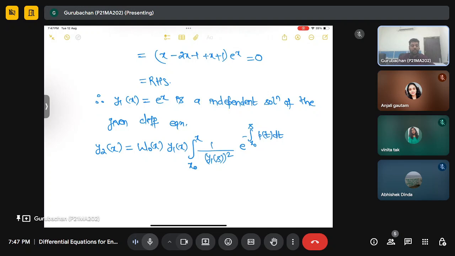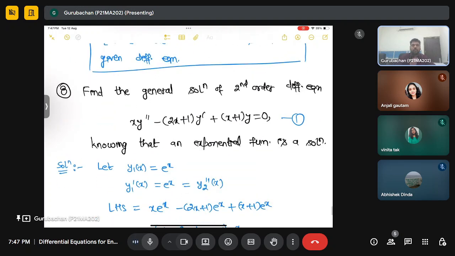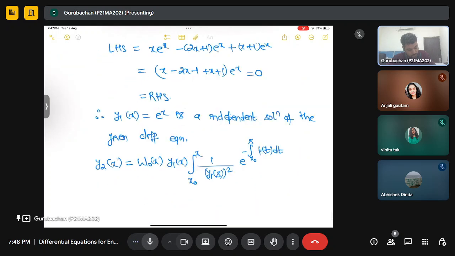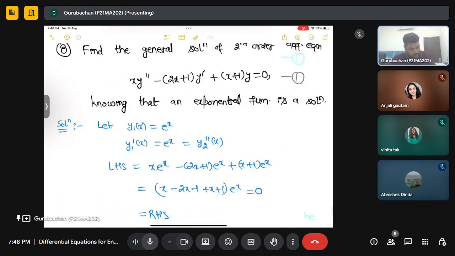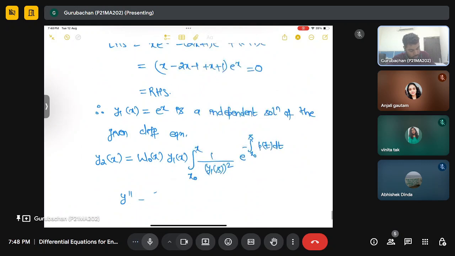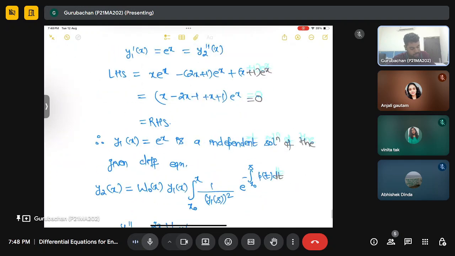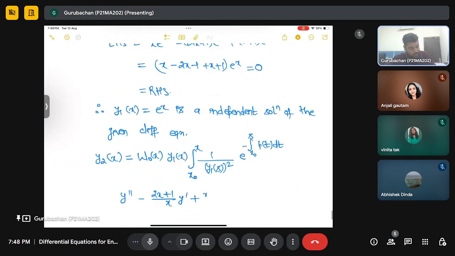Okay, so we need to first write this equation into this particular form. So for that, y double dash minus (2x plus 1) divided by x, y dash, plus (x plus 1) divided by x, y is equal to 0, where x cannot be 0.